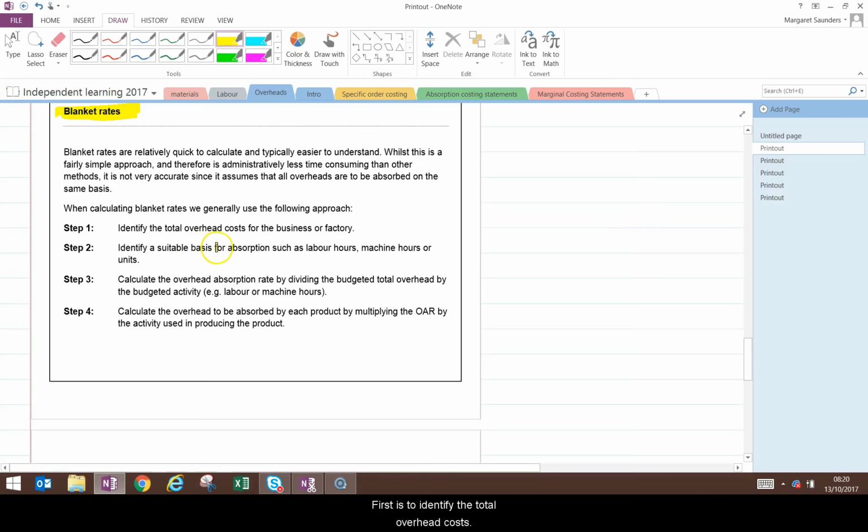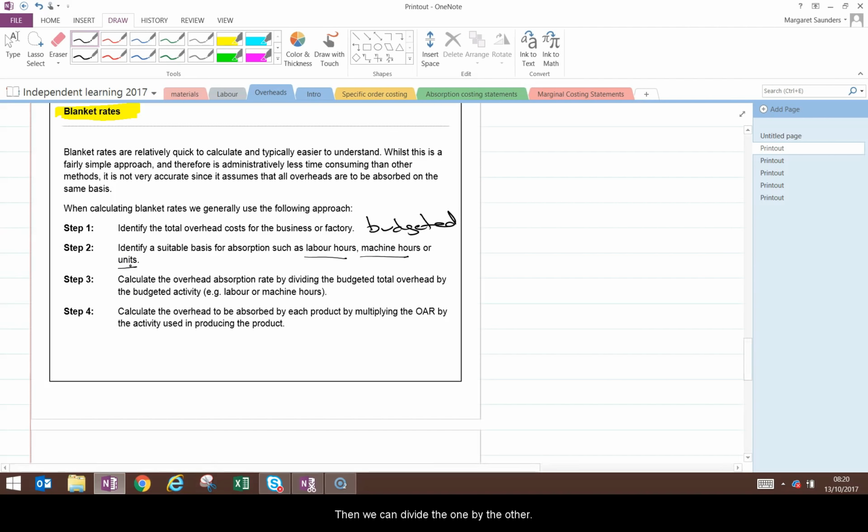First is to identify the total overhead costs. Remember, these must be budgeted. That's important. Then decide what basis we're going to use. So what is going to be the budgeted activity level? Are we going to be using labour hours, machine hours, units, or something else?